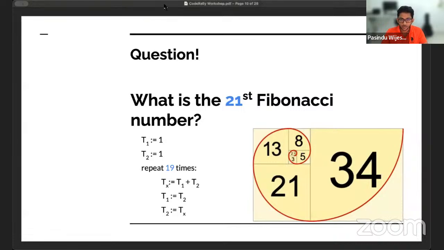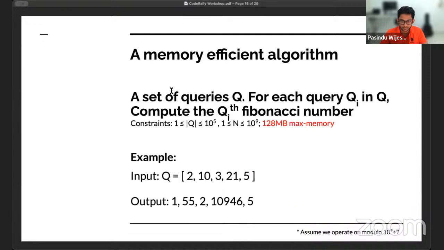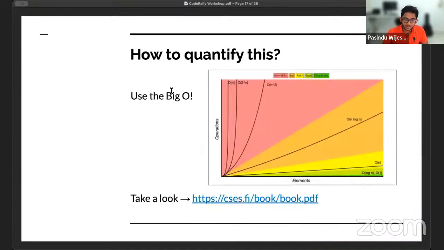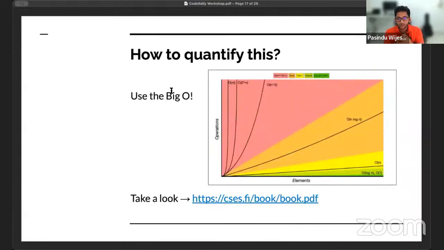All right, so we were looking at building a memory efficient algorithm. We talked about building memory efficient and fast enough algorithms. How do you quantify, when you come up with an algorithm, whether it's fast enough, whether it's memory efficient?